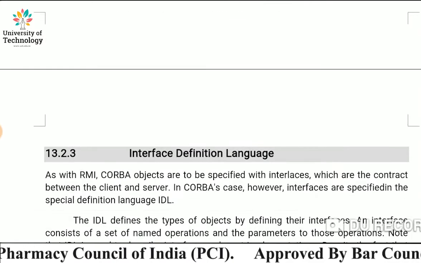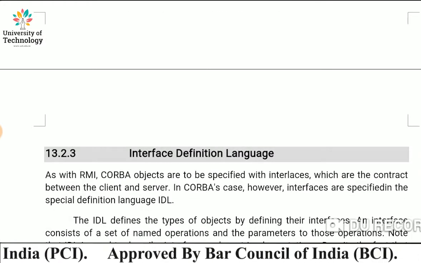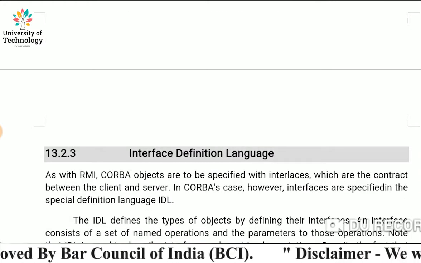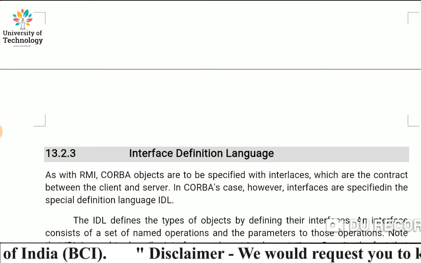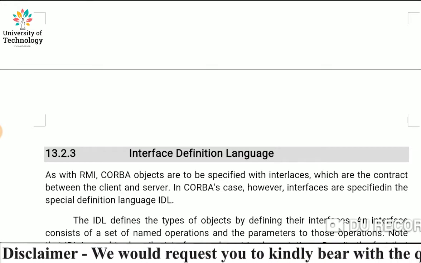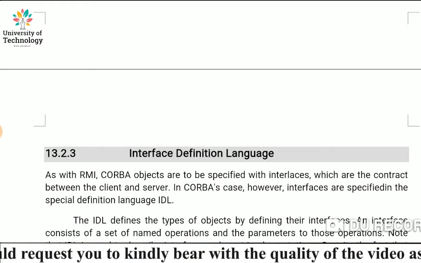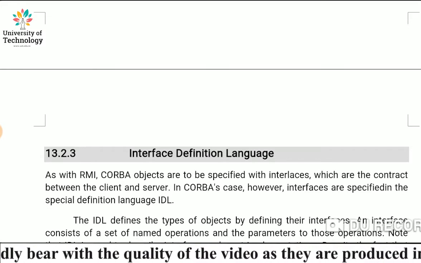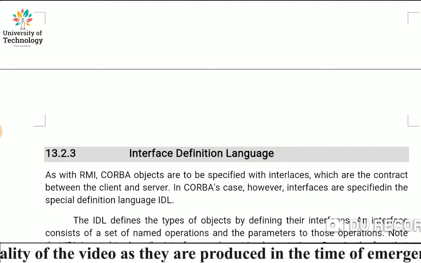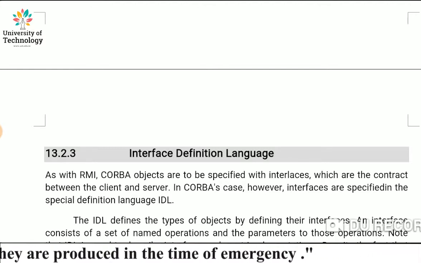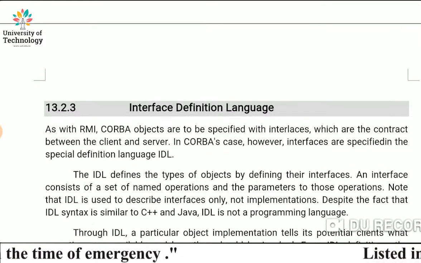Next, Interface Definition Language, IDL. As with RMI, CORBA objects are to be specified with interfaces, which are the contract between the client and server. In CORBA's case, however, interfaces are specified in the special definition language, IDL.